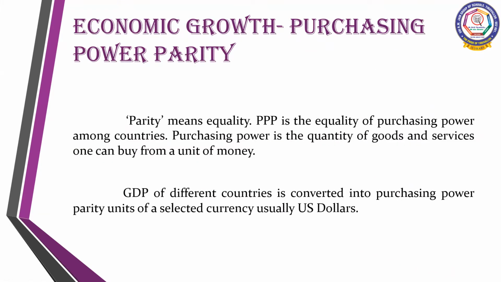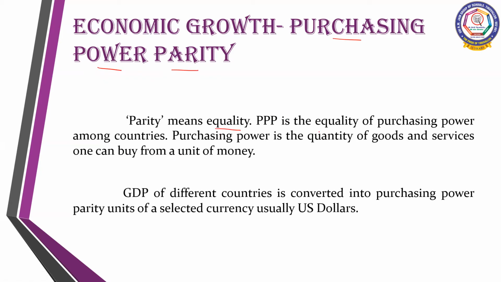Let us now know the economic growth of all the three countries, India, China, and Pakistan. GDP is used for comparing growth of different countries. For making such international comparison, GDPs of countries involved is converted into the purchasing power parity. Parity means equality.